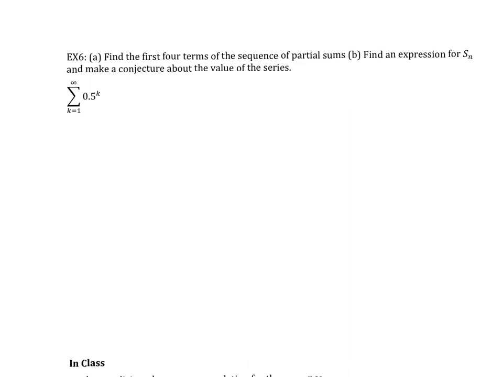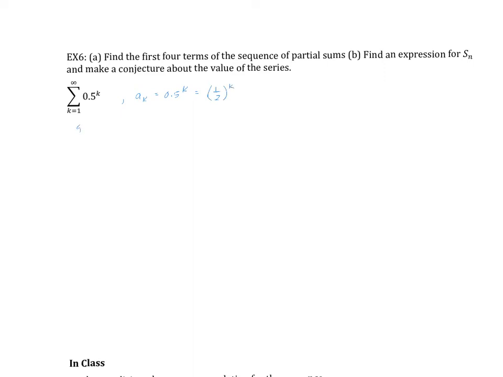Okay, well let's look at another example where we have to find a formula for the sequence of partial sums. If I look at this summation, I can see that my a sub k is 0.5 to the k. Sometimes it's nicer to write it as fractions, especially if you have to find a formula.